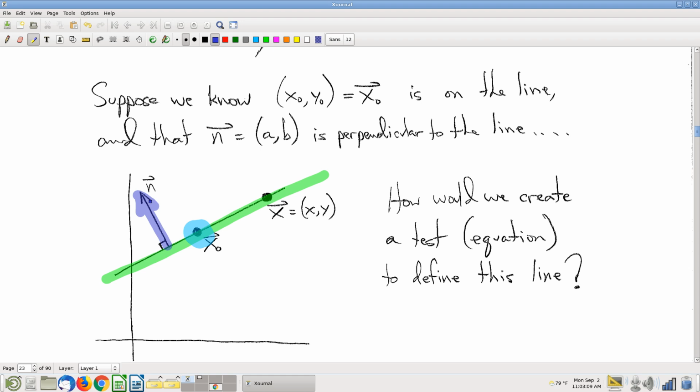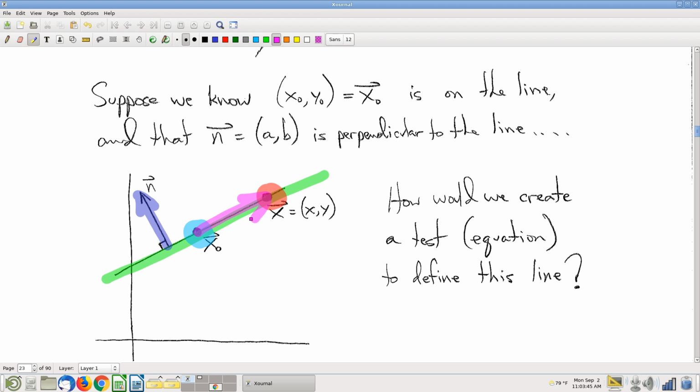And with this information, I'm now going to create a test, a way to test points. How would I decide if a point x is on the line versus maybe it's not on the line? How do I distinguish a point that is from a point that isn't? Where's my algebraic test? So here's the idea. That point is on the line if and only if that difference vector is parallel to the line.